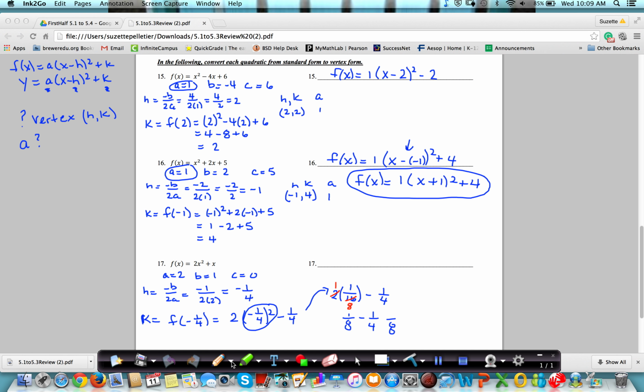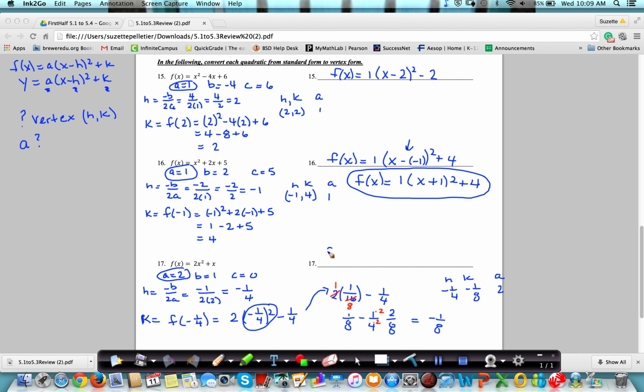And so to do that, what I did was multiply this by 2, and so I need to multiply this by 2, and that's going to give me 2/8. 1/8 minus 2/8 is negative 1/8. So I have h negative 1/4 and k negative 1/8. So h, k, negative 1/4, negative 1/8, and I also know that a is 2 from my equation.